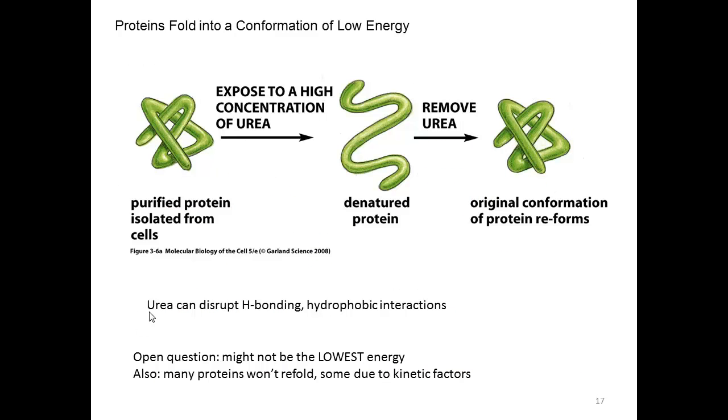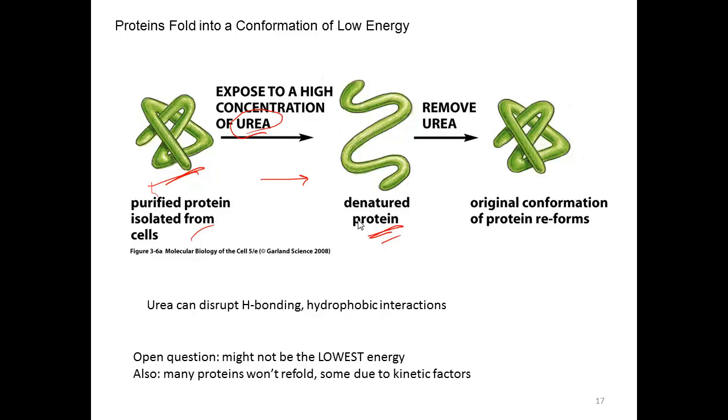This slide depicts an experiment where we take a folded protein and we add a large amount of a chemical called urea to the solution. Urea is a molecule that disrupts both hydrogen bonds and hydrophobic interactions. And the result is that it will unfold proteins. That's its native structure, and here it is denatured.